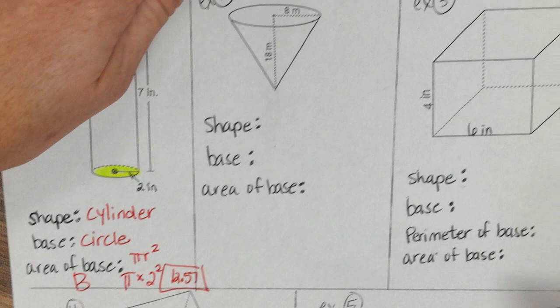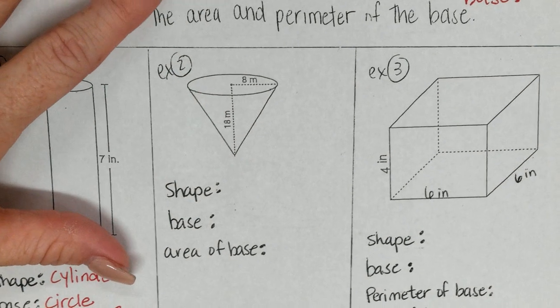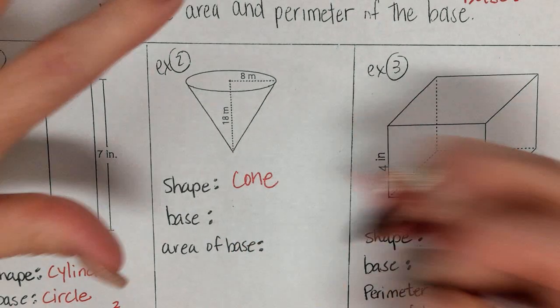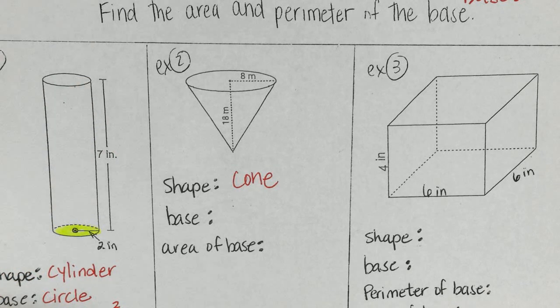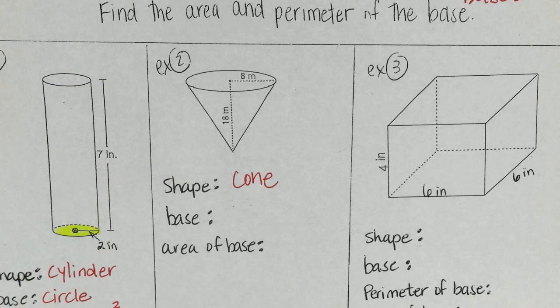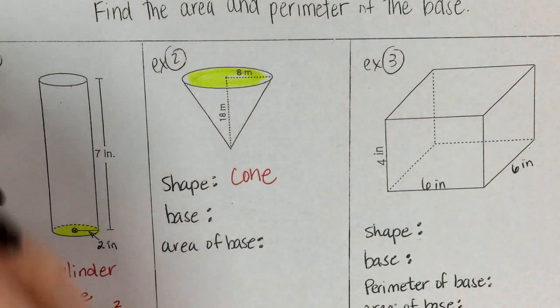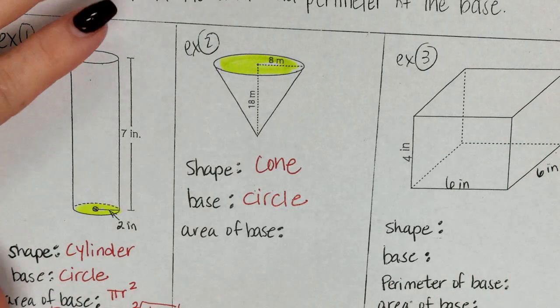Okay, let's look at the next shape. What kind of shape is this? Say it loud. Cone. It looks like an ice cream cone. What kind of base does a cone have? A circle. Write that down. The base is a circle.